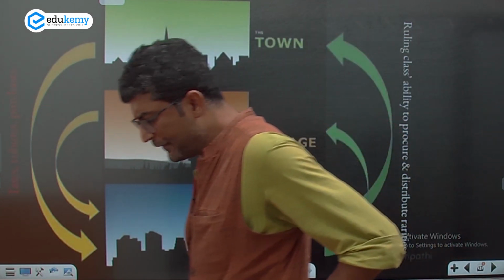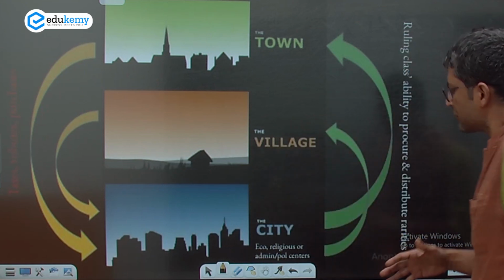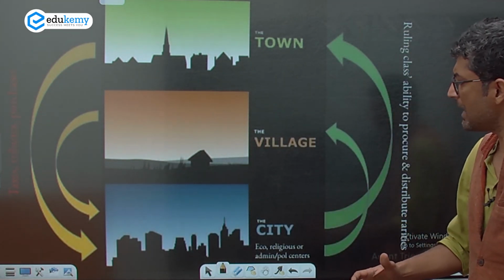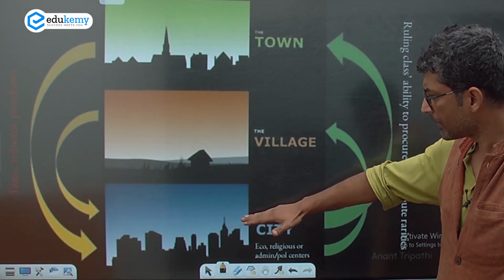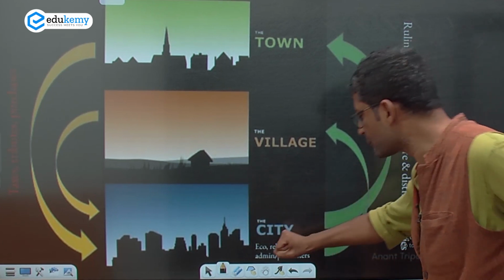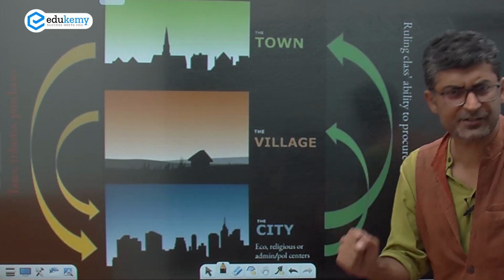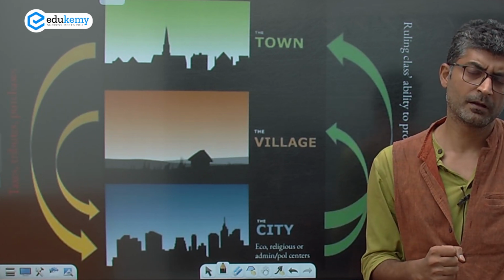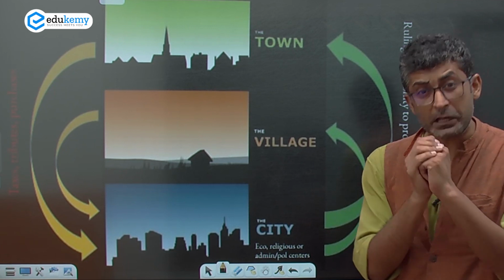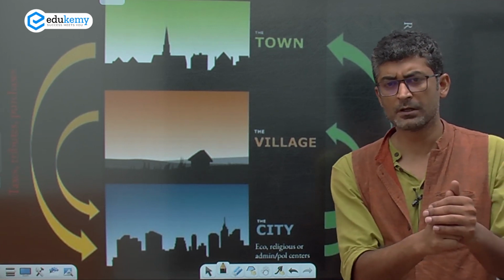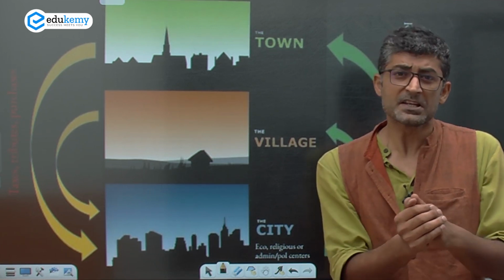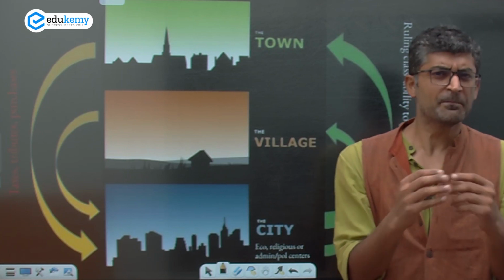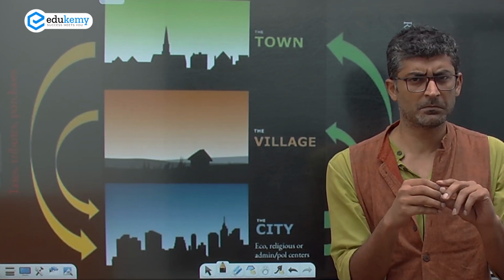Now, if we look at the trading aspect, try and understand. Harappa had cities, the big cities which were the economic, religious, or political centers. Economic centers would be lying on trade routes. Religious centers could be a pilgrimage center, right?